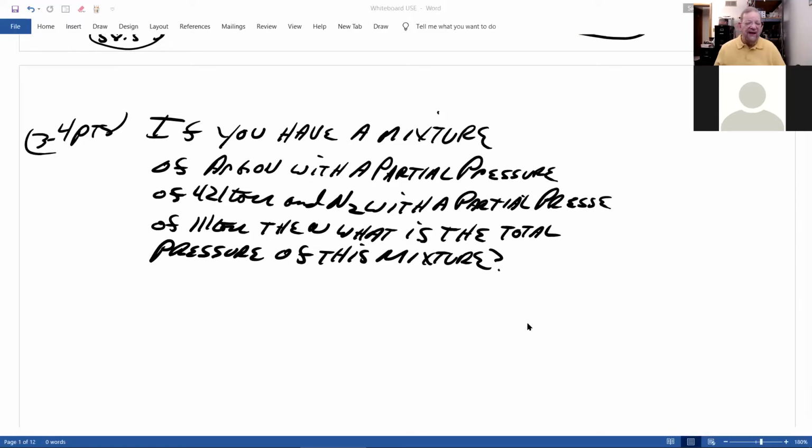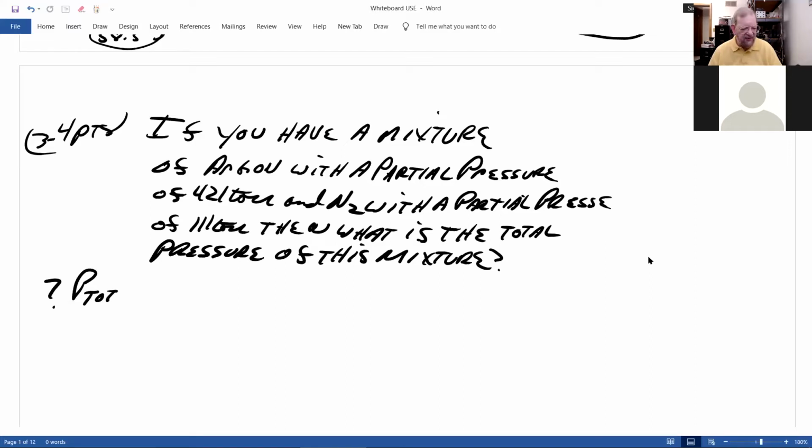All right, if you have a mixture of argon with a partial pressure of 421 torr and nitrogen gas, N2, with a partial pressure of 111 torr, then what is the total pressure of this mixture? So what do we do? What are we being asked to find?